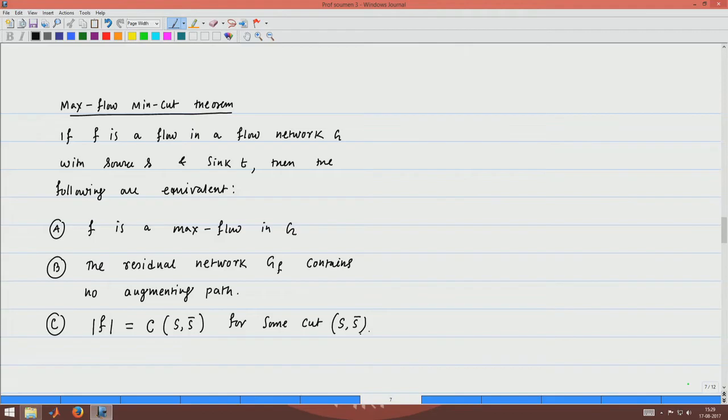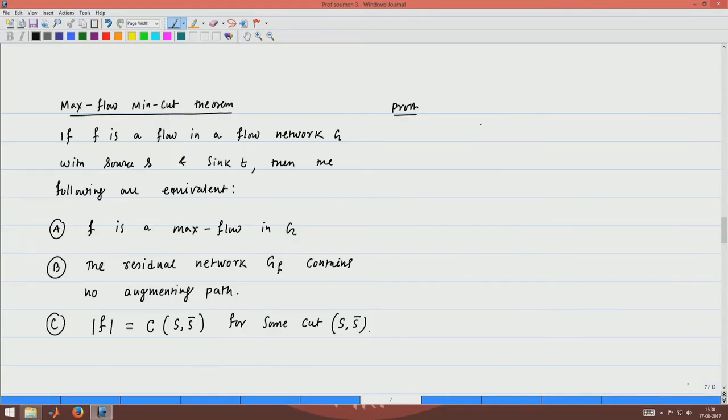Okay. So, this theorem says that the flow is a maximum flow in G if and only if there is no augmenting path in the residual network G_f.